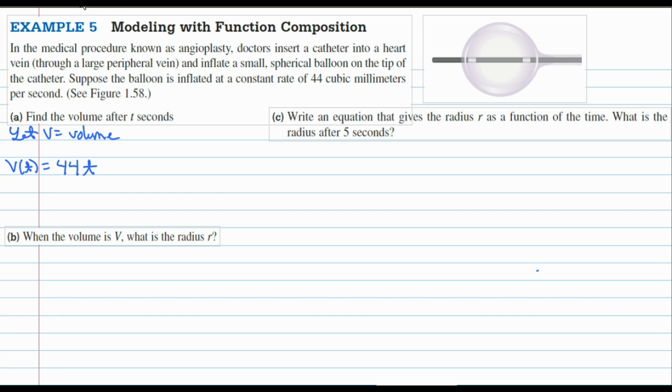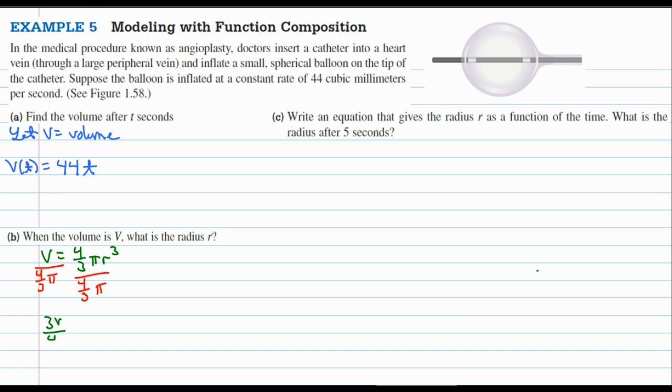Well, I only know volume equals 4/3 pi r cubed in relation to volume and radius. So now I'm going to have to take that function and solve for r. I'm going to divide both sides by 4/3 pi, which means I get 3V over 4 pi equals r cubed.